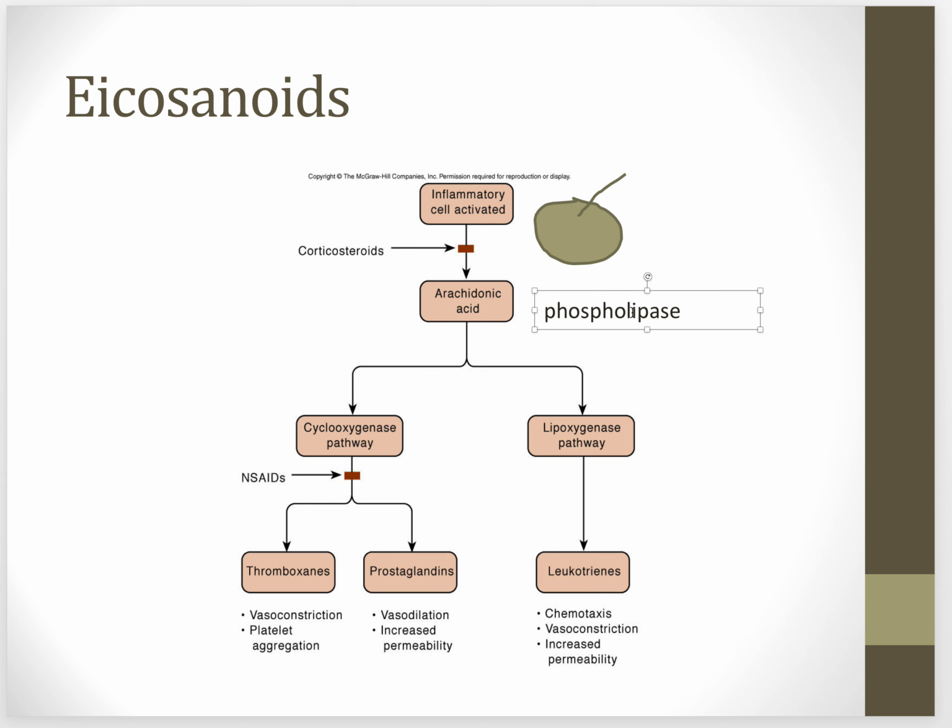So phospholipids, and then -ase means it's an enzyme. Phospholipase A2. Phospholipase A2 is the enzyme that changes these dead phospholipids from a damaged cell into a product called arachidonic acid. And arachidonic acid can be worked on by two different enzymes.